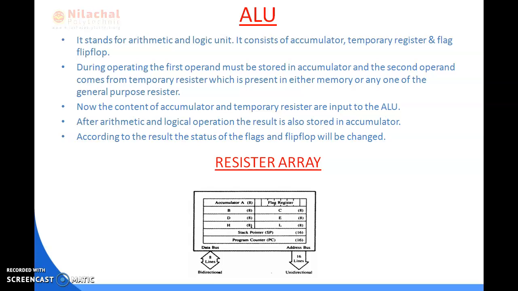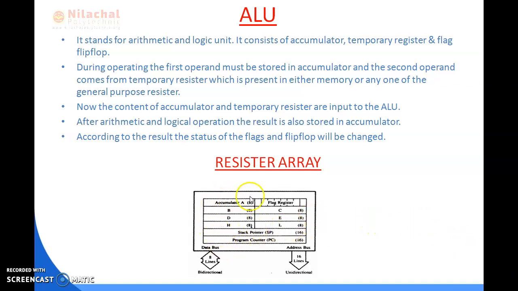Now the contents of the accumulator and temporary register are input to the ALU. After the arithmetic and logical operation, the result is also stored in the accumulator. According to the result, the status of the flag flip-flops will be changed. So this is ALU.